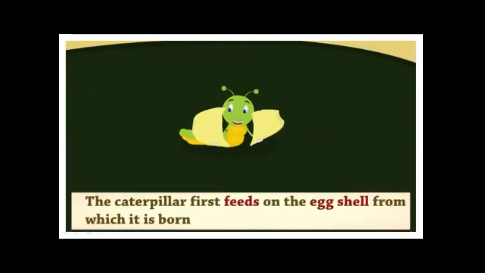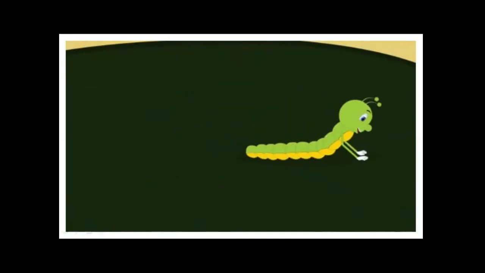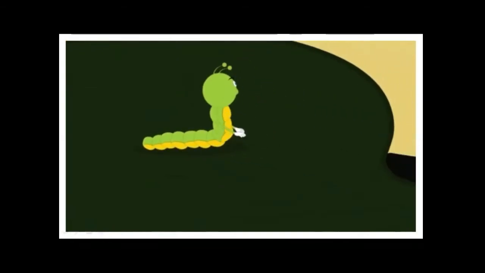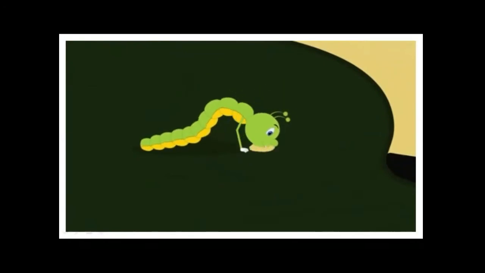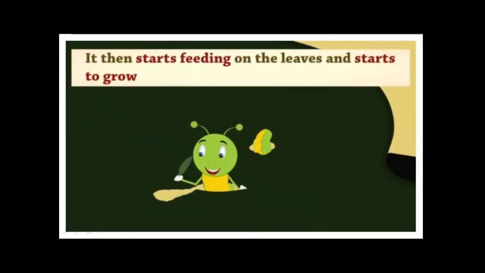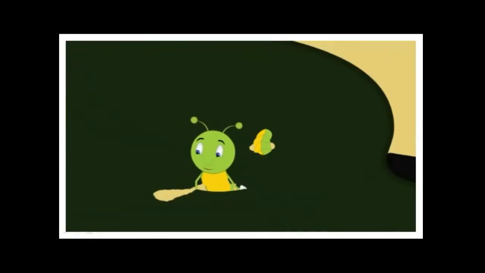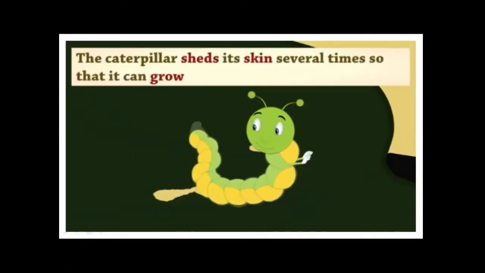The caterpillar first feeds on the eggshell from which it is born. It then starts feeding on the leaves and starts to grow.